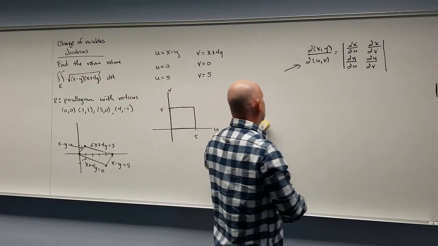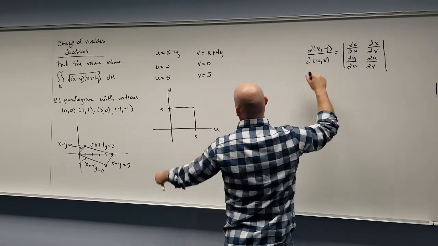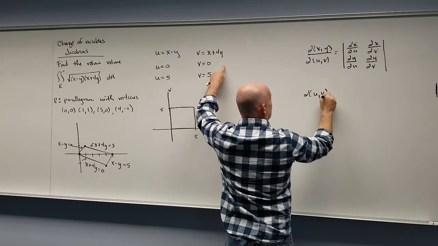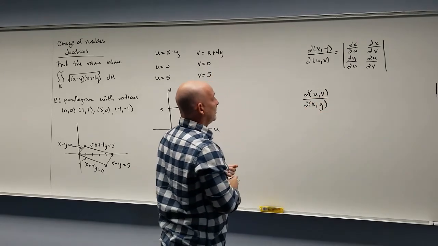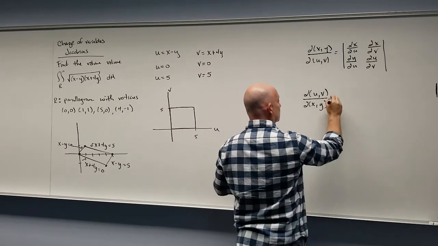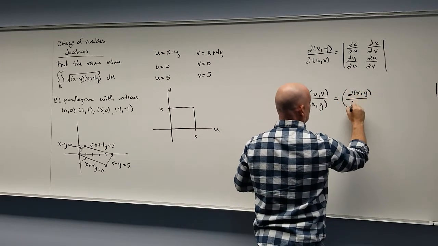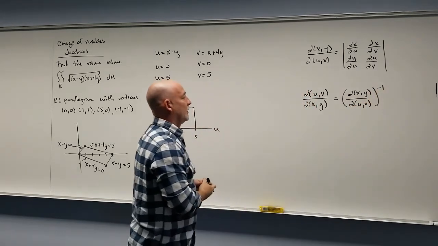Well, here's a hint. What we're looking for is this, but we have u and v in terms of x and y, so we can find this if we wanted to, but that's not what we're looking for. That's the reciprocal. The good news is this is actually equal to the reciprocal of that.